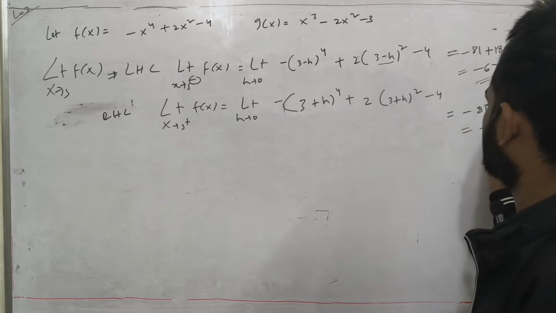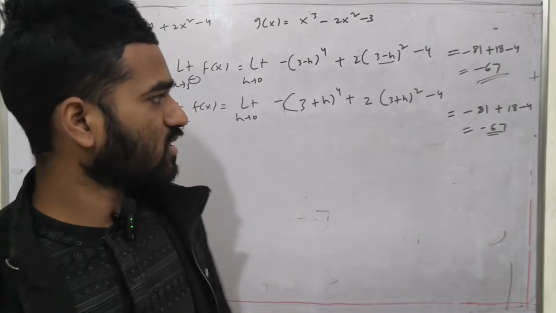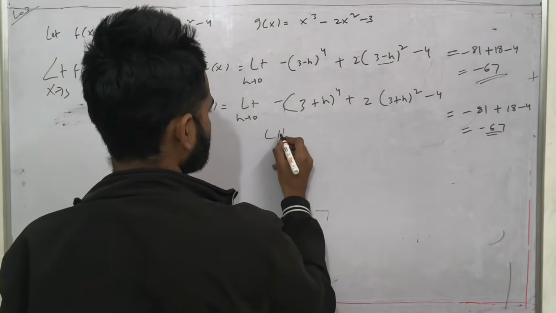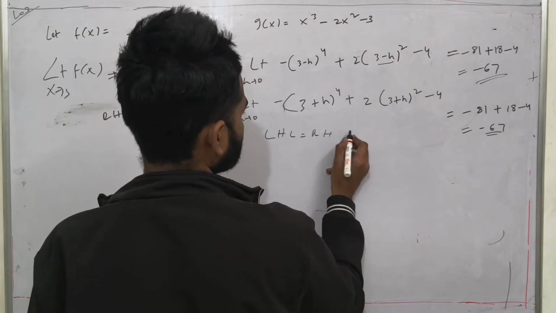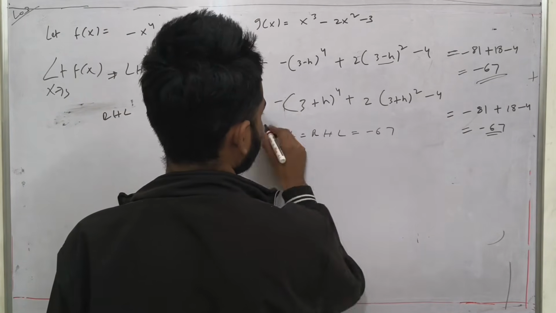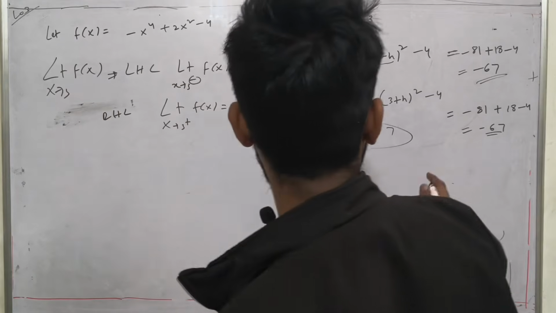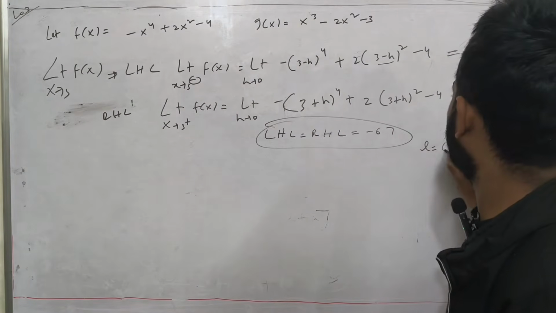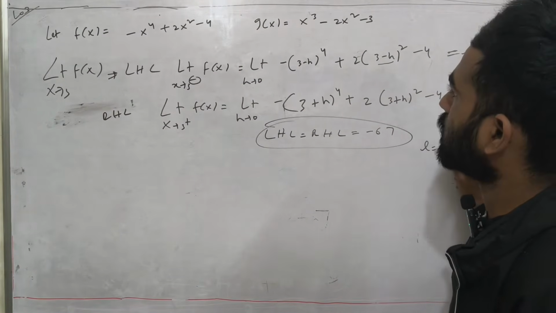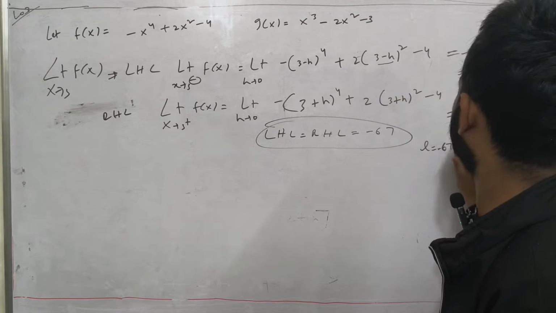This is again -81 plus 9 times 2 is 18, minus 4, which is again -67. Then we can say left hand limit equals right hand limit equals -67, meaning the limit exists, and we got L equals -67.